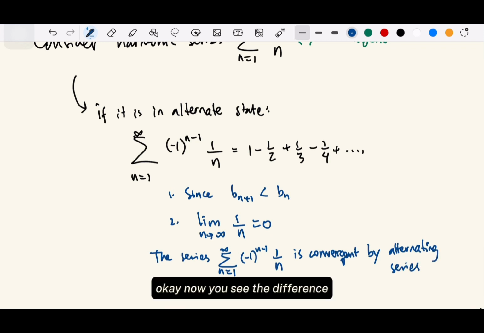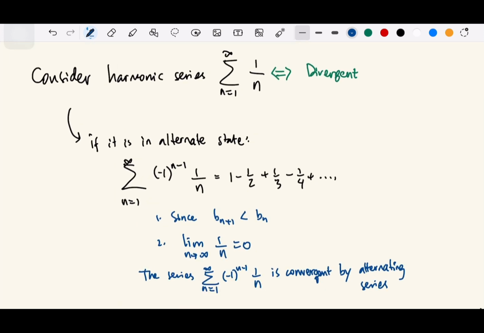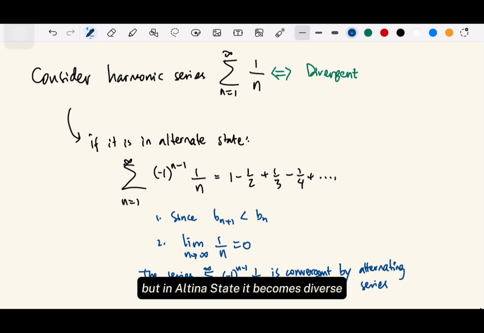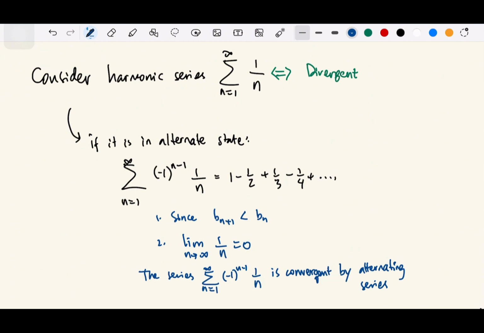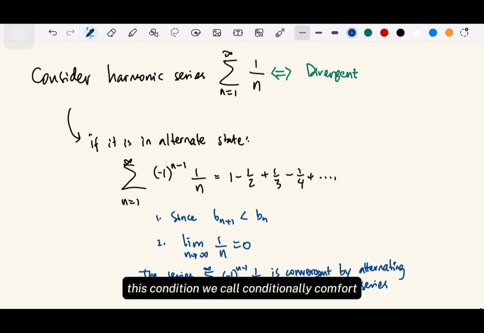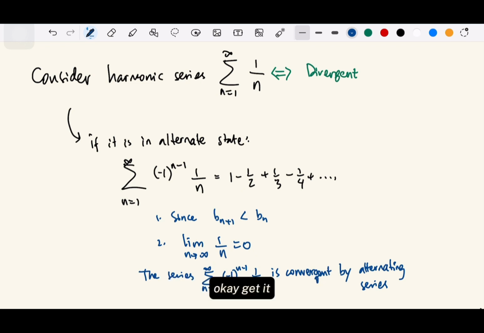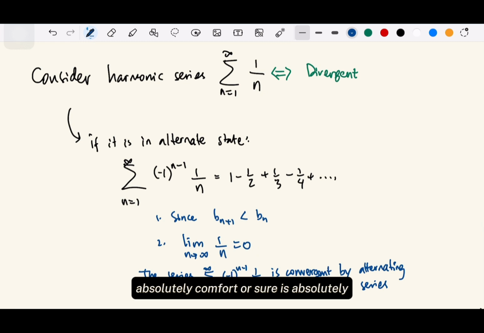Okay, now you see the difference. By itself it's divergent, but in alternating form it becomes convergent. This condition we call conditionally convergent. So it only converges when its condition is alternating. Before, it was already convergent, so we could say it's absolutely convergent.